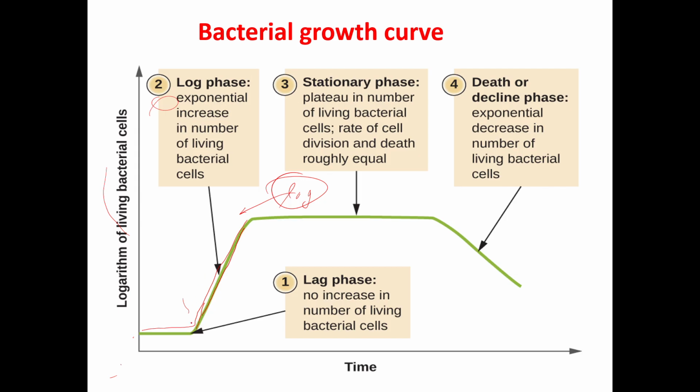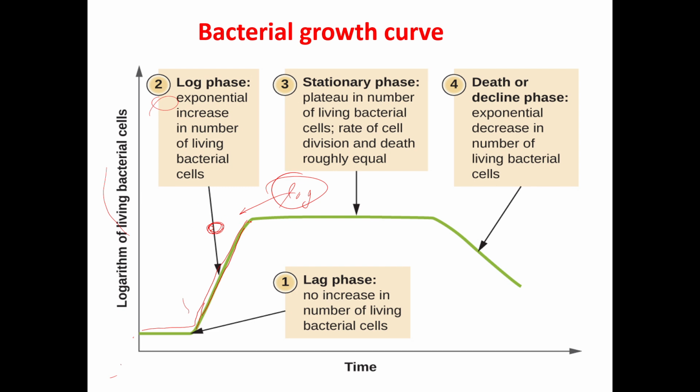So after the lag phase, binary fission starts, and then the number of cells increases. And here, as there is binary fission, the size will decrease, because in the previous phase, as there was no binary fission, they took nutrients and grew in size. But in this phase, they compensate, so they increase in number and there will be no increase in size.